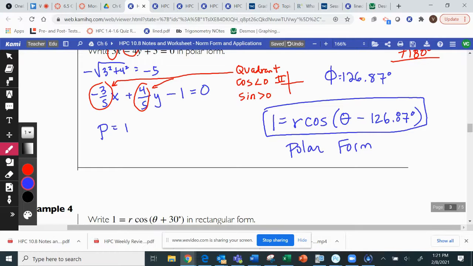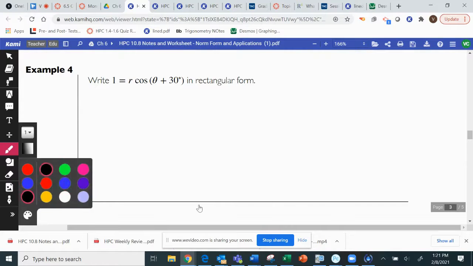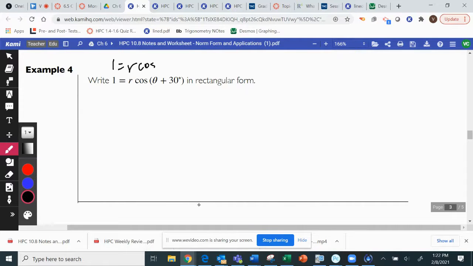Okay, example 4 is write 1 equals R cosine theta plus 30 degrees in rectangular form. So I'm going to have P equals R cosine theta minus phi is our formula. It doesn't start with 1, I lied.